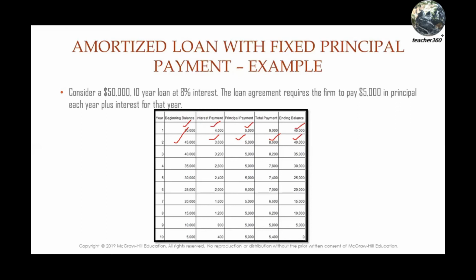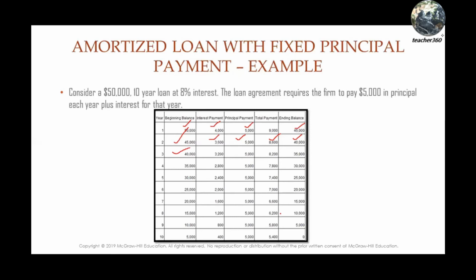Similarly, it is your beginning balance in year 3. 8% interest on 40,000 is 3,200. With a 5,000 principal payment, your total payment in year 3 is 8,200. Ending balance 35,000.